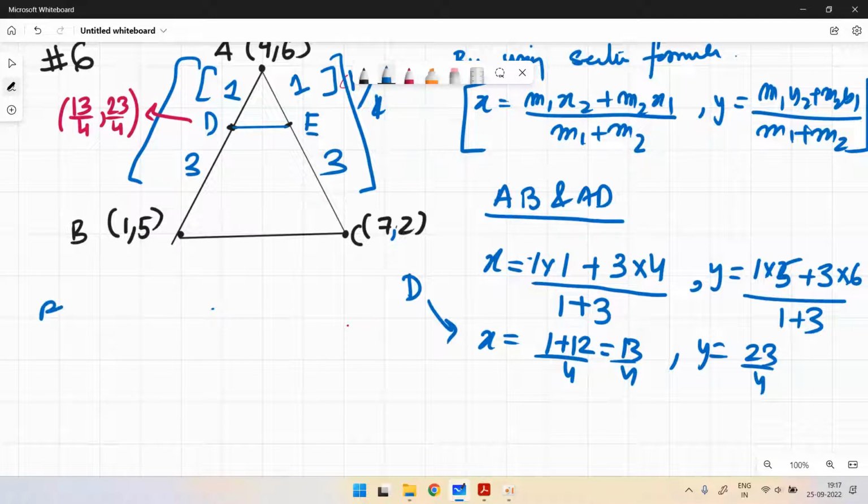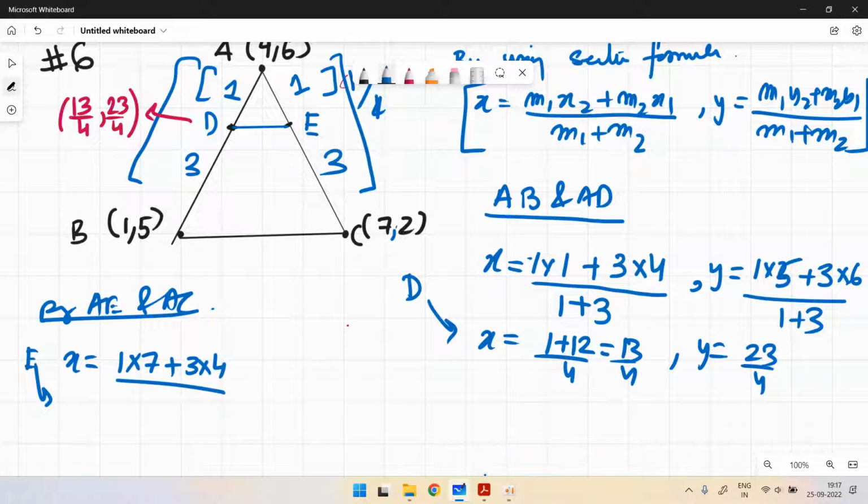Now next is for A, E and AC. So this will be giving me point E. So point E, this x is nothing but 1 into 7 plus 3 into 4 by 1 plus 3, comma y is 1 into 2 plus 3 into 6 by 1 plus 3.